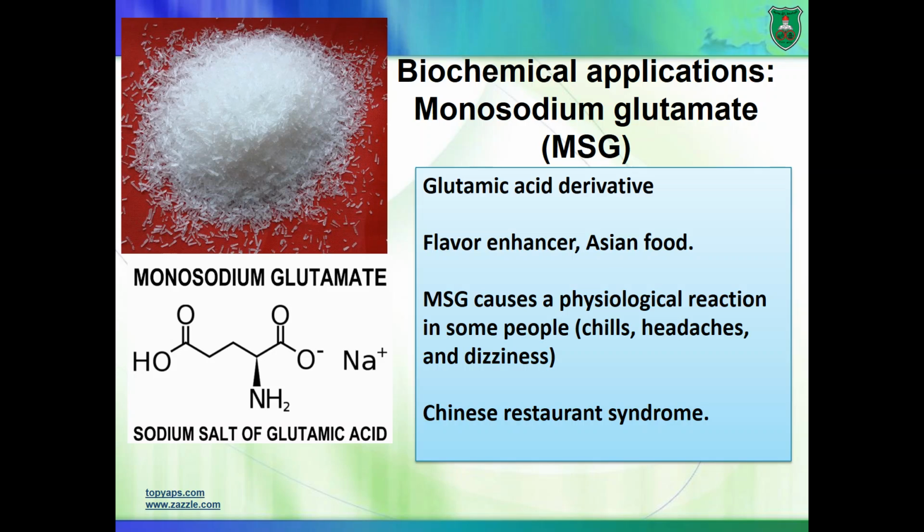It gives it a nice taste, except that monosodium glutamate causes serious physiological reactions in certain people, resulting in a feeling of chills, headaches, dizziness, and it's related to a syndrome known as the Chinese restaurant syndrome. You can Google it and read about the side effects that are linked to monosodium glutamate. Some people make a big deal about monosodium glutamate and its effects.